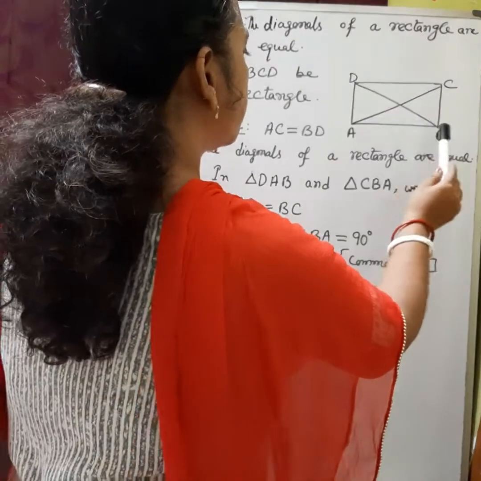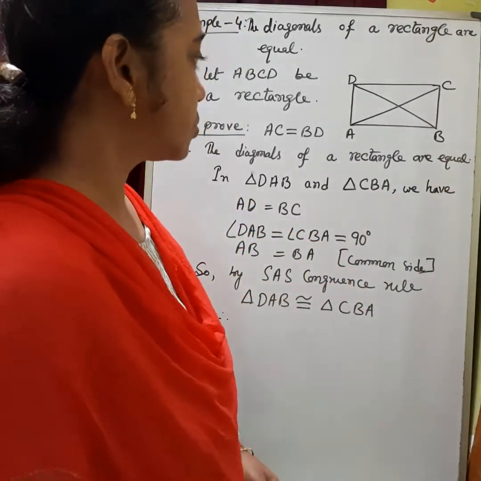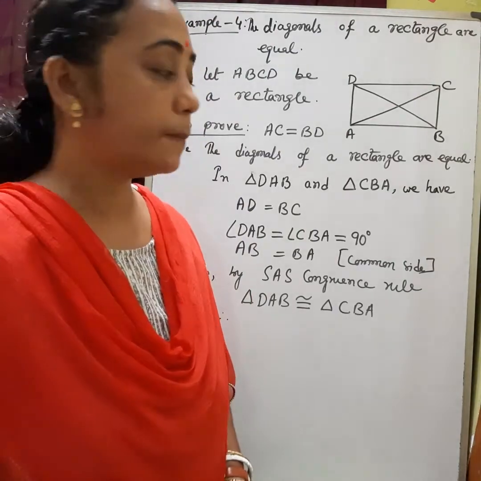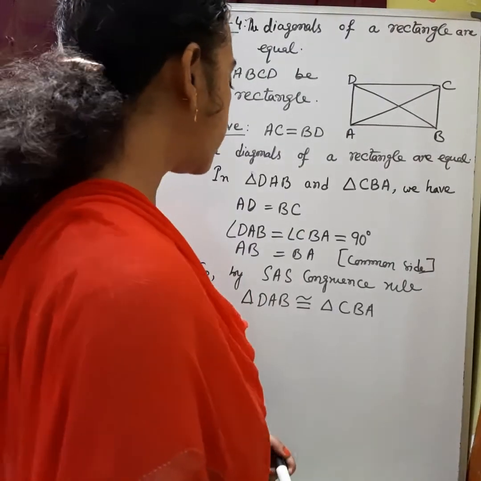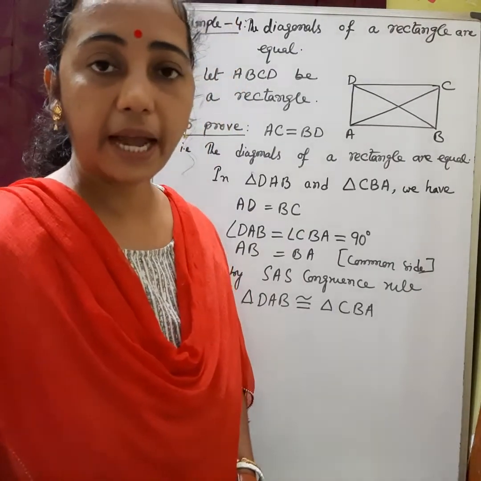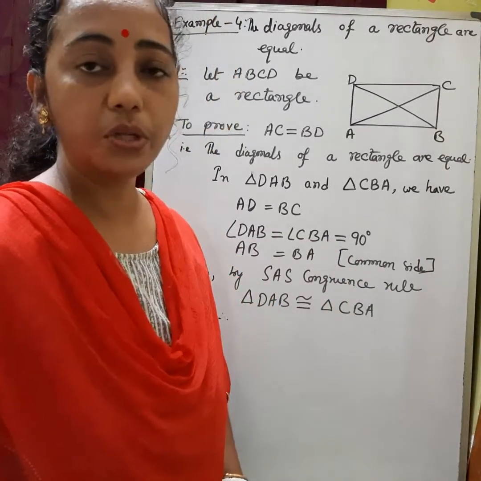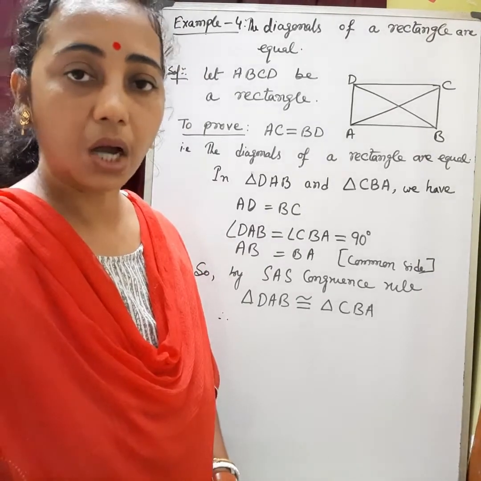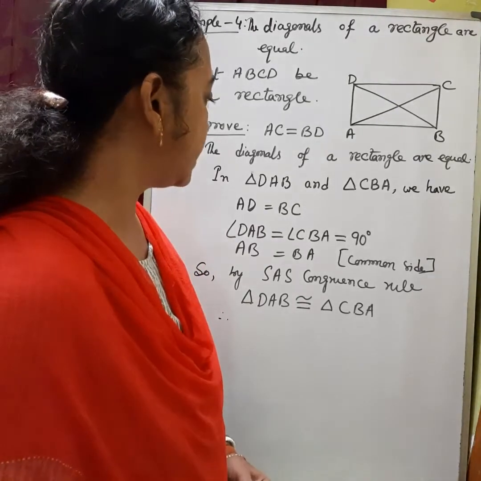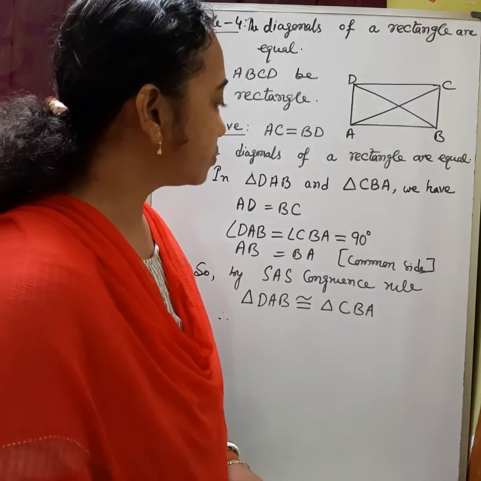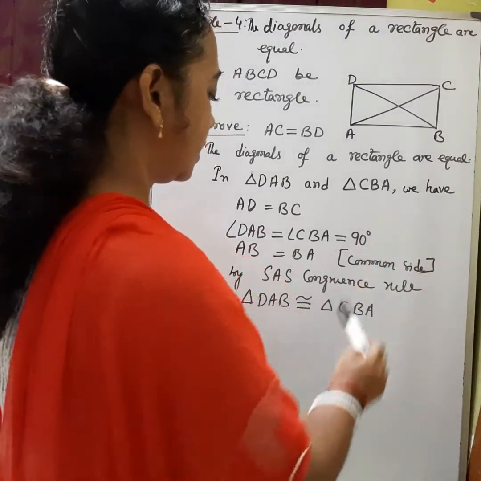Also AB equals BA is a common side. So from these three conditions we can say that by the side angle side congruence rule, these two triangles are congruent. That is, triangle DAB is congruent to triangle CBA.